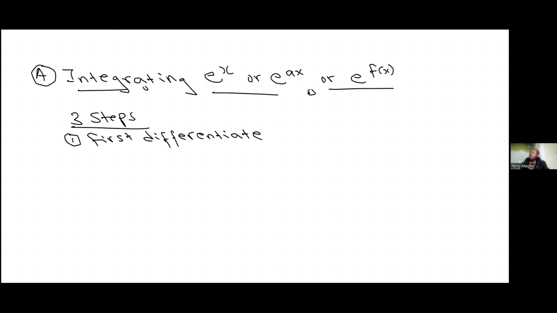Differentiating x gives 1. When you differentiate ax, it will give you a, or when you differentiate f of x, it's going to give you f prime x.